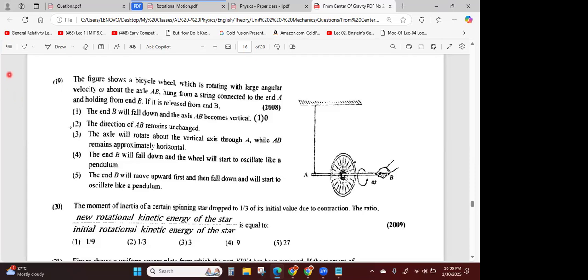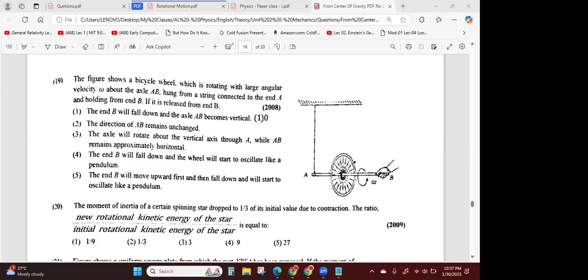Yeah, you are correct. The answer is the third one. The axle will rotate about the vertical axis through A while AB remains approximately horizontal. So we call that the gyroscopic effect. You can just search on YouTube, you will get some videos related to that. It will be nice to watch and knowledgeable.